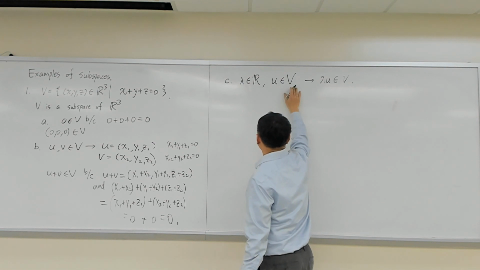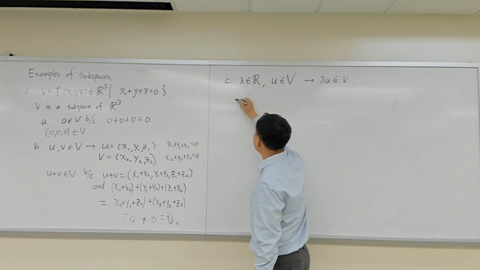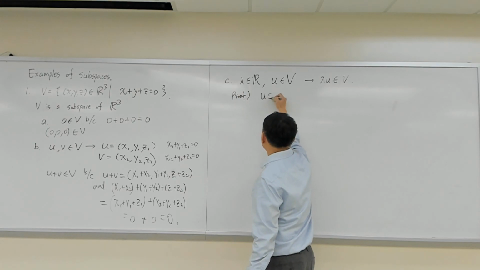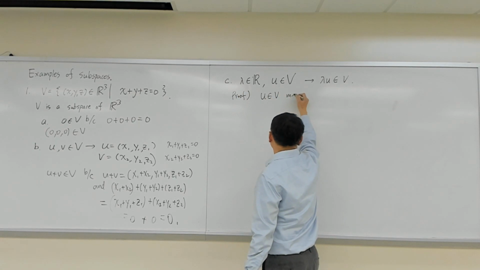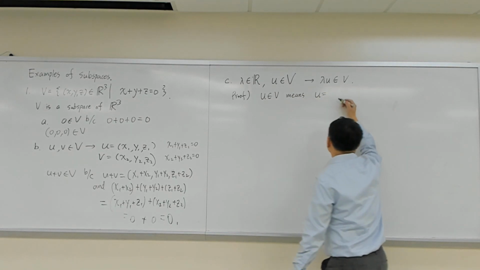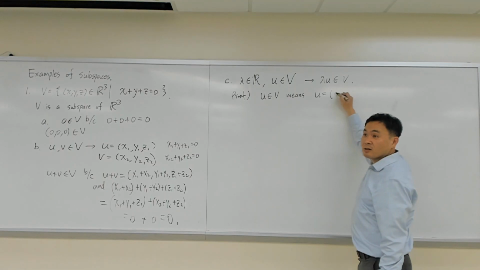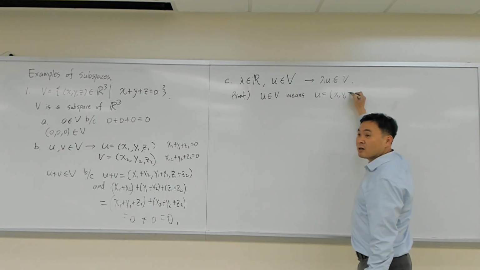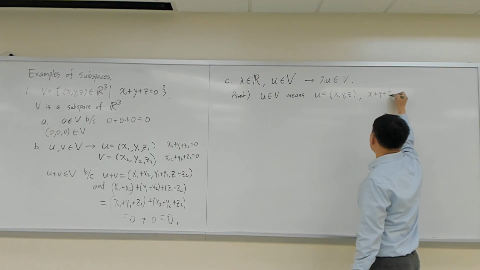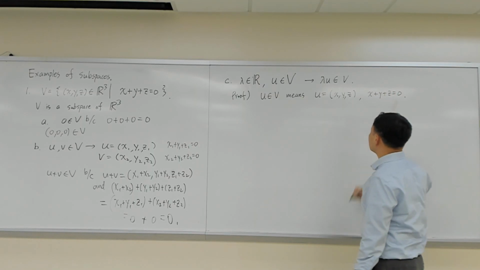U is in V. Well, that means, proof, U is in V means U is equal to X, Y, Z, where X plus Y plus Z is 0.